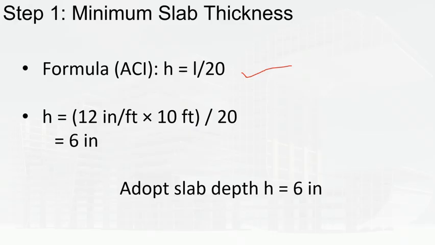We have to calculate L over 20. As you know, 1 foot is equal to 12 inches, so we need to convert it to inches: 12 times 10 gives us 120. Dividing it by 20 gives you 6 inches, right?